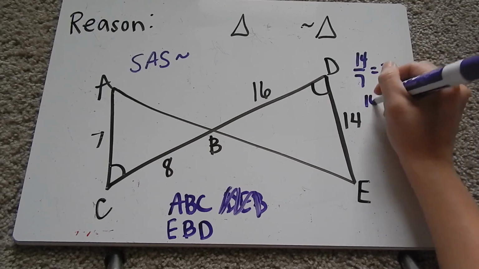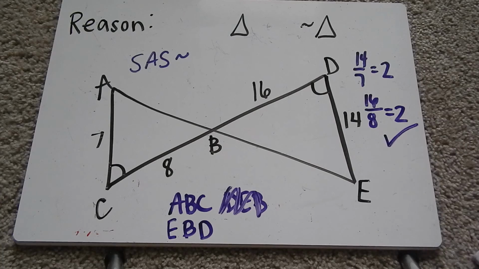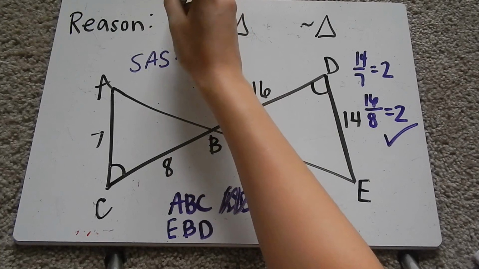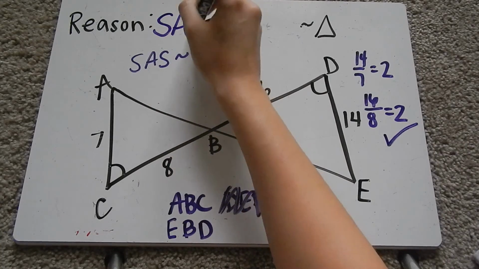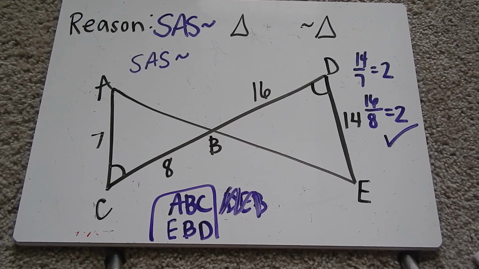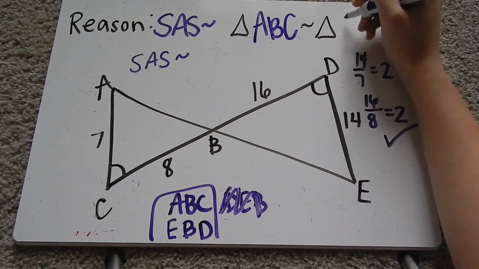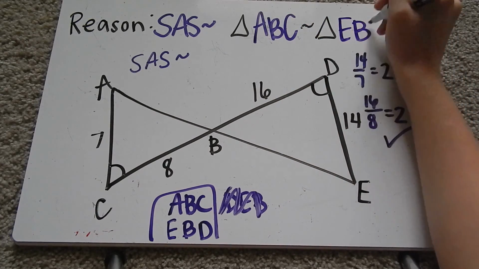So 16 over 8 also equals 2. That's good. That means these are similar. The reason being side-angle-side similarity. And again, I already wrote out what they should be. So it's triangle ABC is similar to triangle EBD.